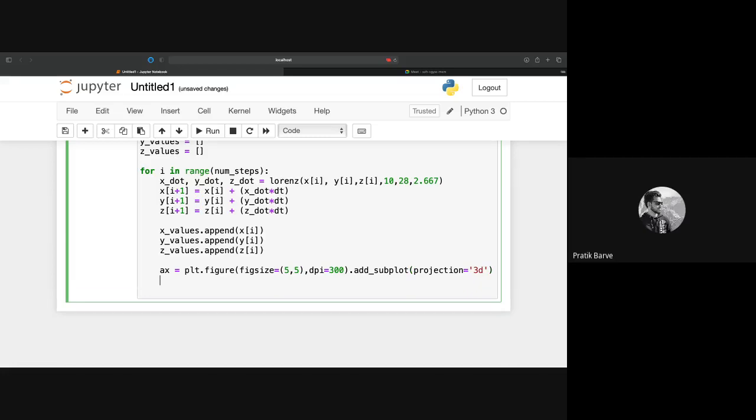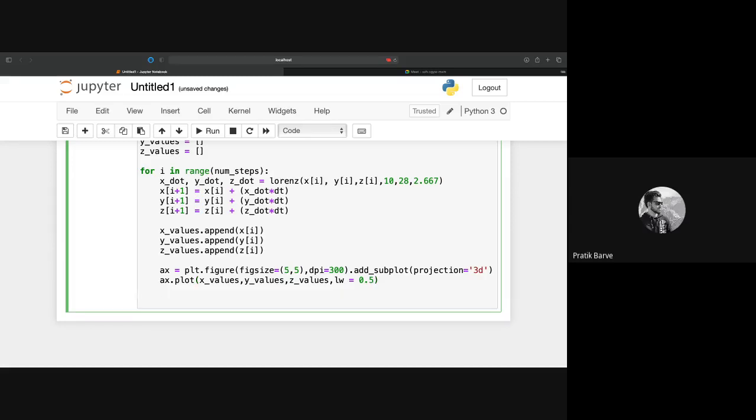Now we'll plot the values. So we have ax dot plot. We have to plot x values, y values, z values, and let's set our line width as 0.5, and let's put some limits on our x and y axis so that it doesn't move while it gets animated.